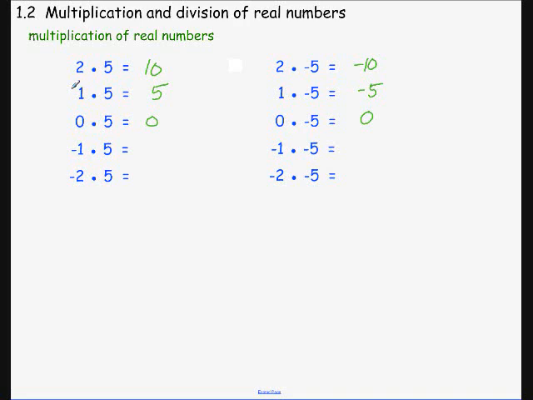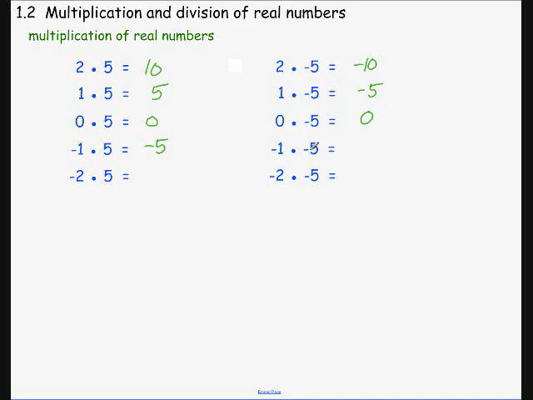Please notice up here, too, when you're multiplying by 1, that's the identity factor, nothing changes. It stays the same. How about multiplying by negative 1? Well, that certainly changes things. The absolute value stays the same, but the sign changes.